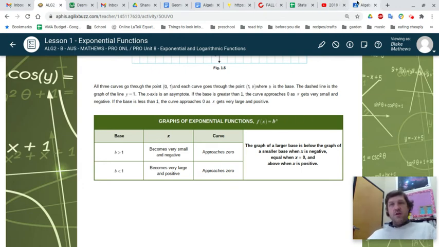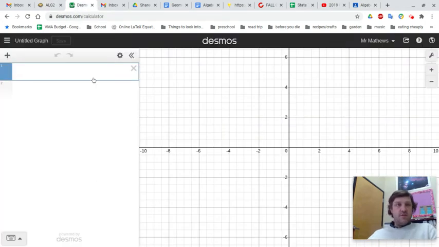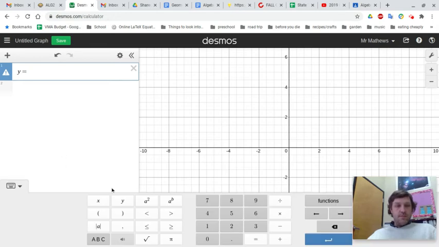Just to show you how we do this on the calculator, let me jump over to Desmos. This would be y equals 2 raised to the x power.